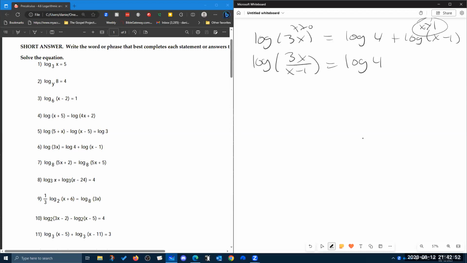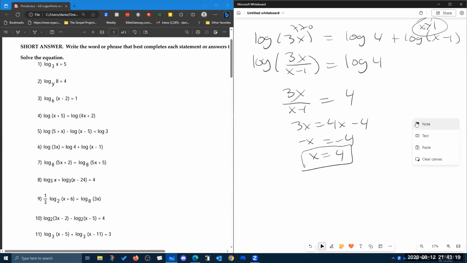Greater than 1 is my domain for the whole thing. 3x over x minus 1 needs to be equal to 4. 3x equals 4x minus 4. Negative x equals negative 4. X equals 4. 4 is greater than 1. 3 times 4 is 12, and 4 times 3 is 12. We're in good shape.